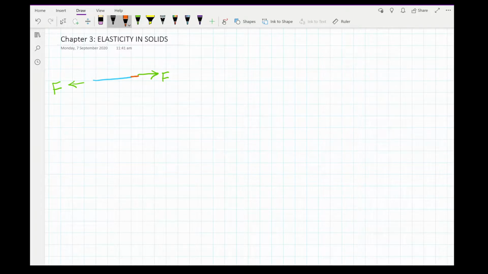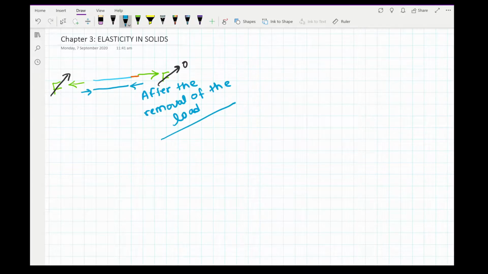Then when you release the force, the property of this material to come back to its original shape is known as elasticity.